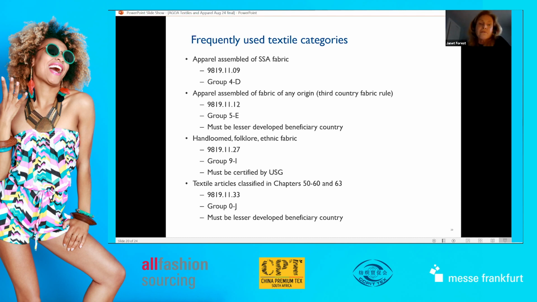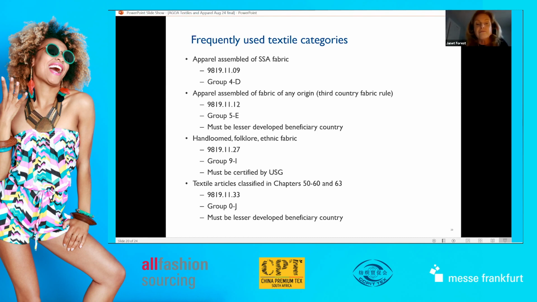But AGOA provides a more generous rule, and that is in Group 5E, and apparel can be assembled from fabric of any origin. This is referred to as the third country fabric rule. This can only be used by lesser developed beneficiary countries. So for example, South Africa cannot use this provision.